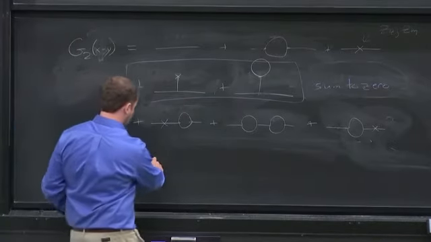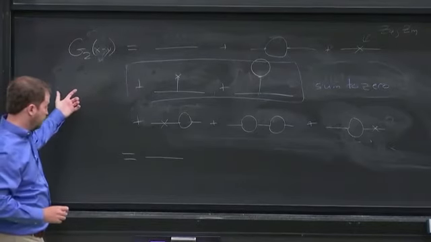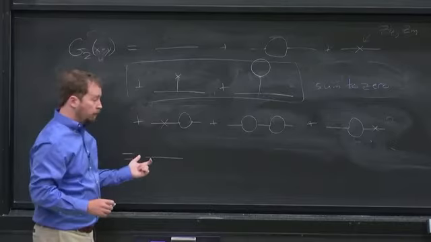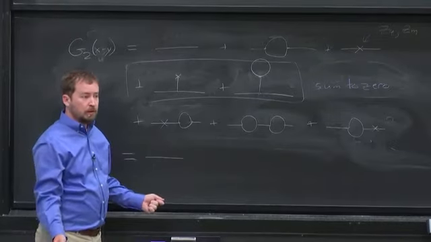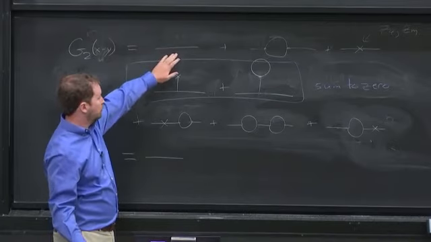So a general diagram that contributes to the 2-point correlation function can be chopped in an integer number of places. There's one diagram that can be chopped in 2 places, nowhere.